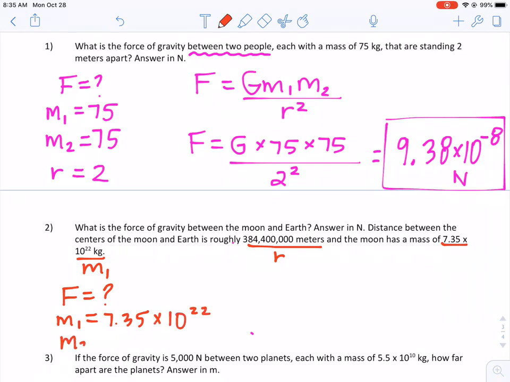The second m is the mass of the Earth, which we can find in our notes. And the distance between their centers. Now, this is not necessarily the distance between them. Like if we were to fly from Earth to the moon, we wouldn't go this far. This includes those centers or radiuses of the planets.